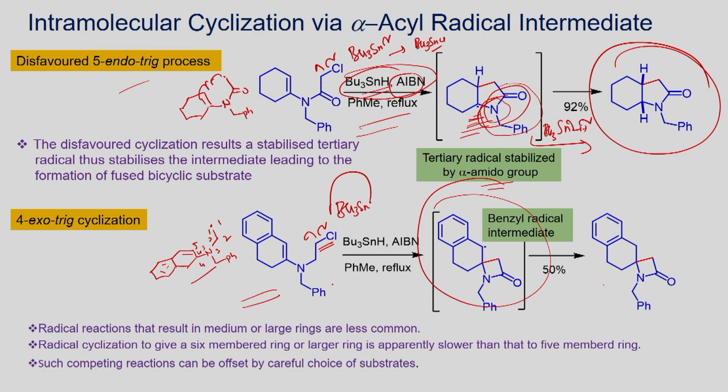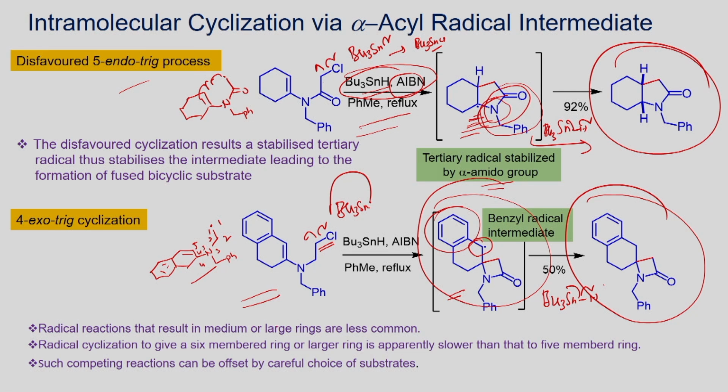In this case, the 4-exo cyclization is involved, which can lead to the formation of a benzylic radical. Once you form the benzyl radical, this can be stabilized by this aromatic ring. Once you form this one, it can now react with tributyl tin hydride to give this lactam as the product.